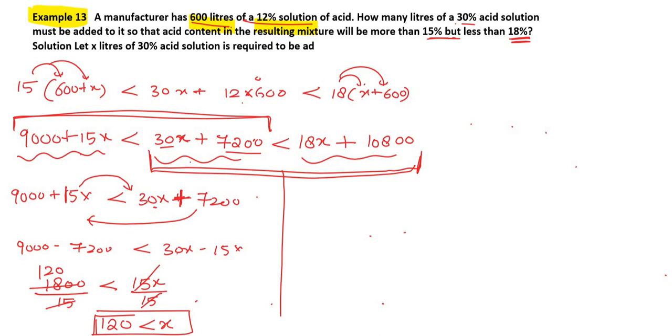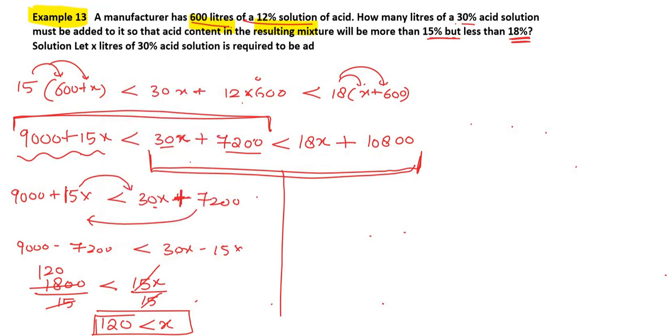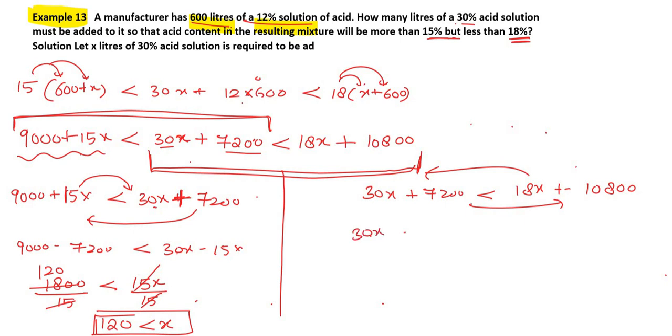Now if I combine these two, what will we get? Let me write down 30x plus 7200 less than 18x plus 10800. This here and this here, so it will be 30x minus 18x less than 10800 minus 7200.